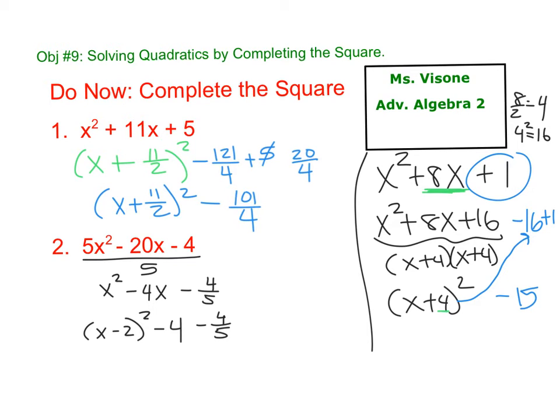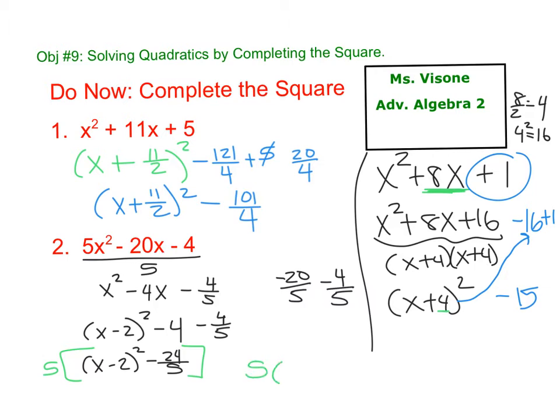So that is negative 20 over 5 minus 4 over 5. So that's x minus 2 squared minus 24 over 5. And then we have to put the 5 back in the problem. So we get 5 times x minus 2 squared minus 24. Done.